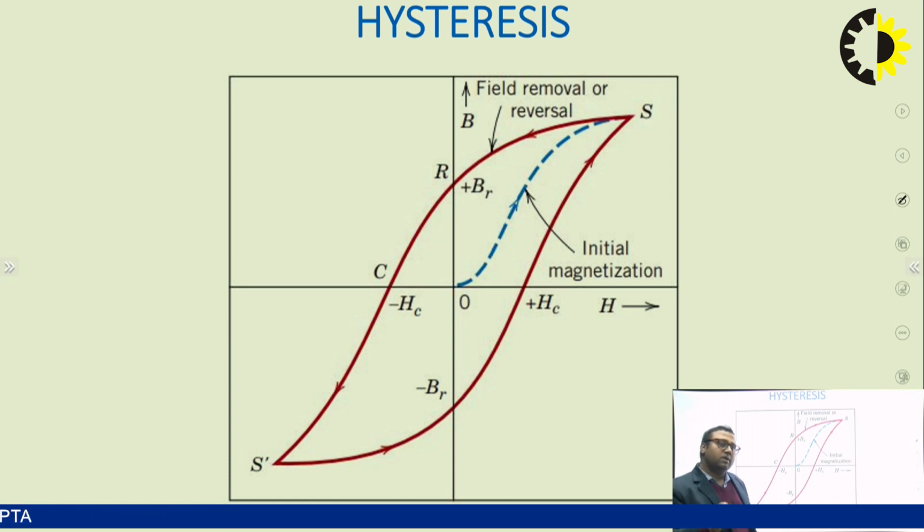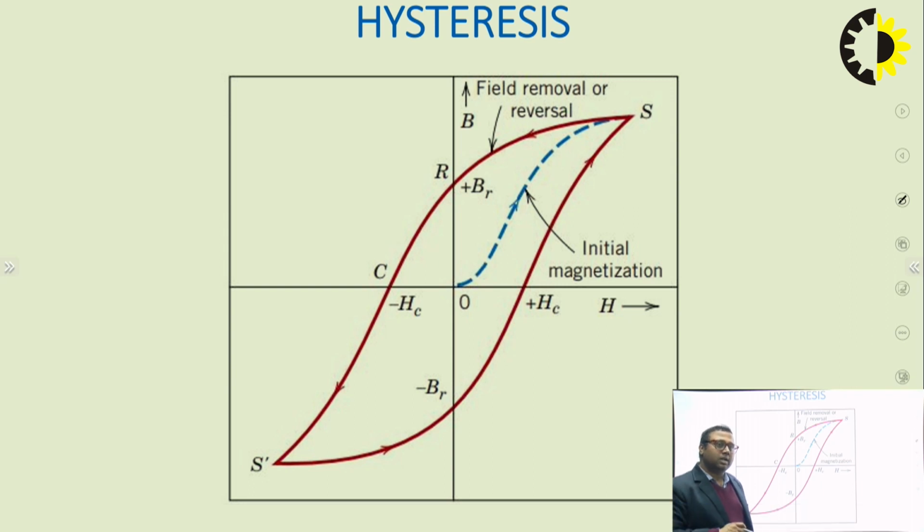On reversing the external field direction to the negative direction, we can see that now the point C comes, where the external magnetic field is in the negative direction, and at that point the magnetism present in the material becomes zero.